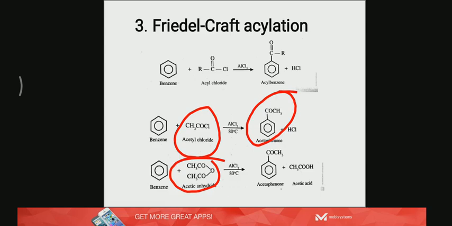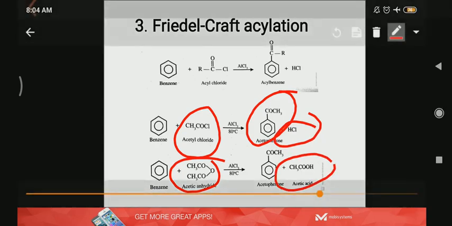So you have two options for the reagent: acyl halide or acid anhydride. The difference is that the byproduct will be different. If you're taking acetyl chloride, the byproduct is HCl. If you're using acetic anhydride, the byproduct is acetic acid, or in general a carboxylic acid.